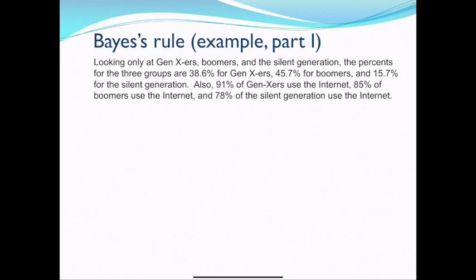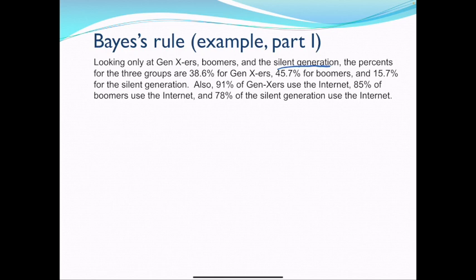So looking only at Gen Xers, Boomers, and the silent generation, the percents for the three groups are 38.6% for Gen Xers, 45.7% for boomers and 15.7% for the silent generation. Okay, so that's the percentage of the population, right?